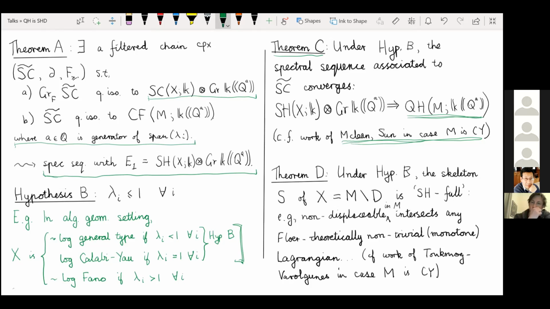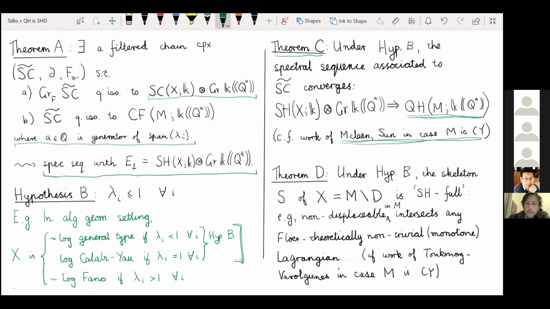Does it mean that it has only one Ext group as an object of the Fukaya category? Sorry, what do you mean, one Ext group? I mean that the higher Ext vanish or something like that. I mean this rigidity condition, I'm just trying to make sense of it because it's a skeleton.